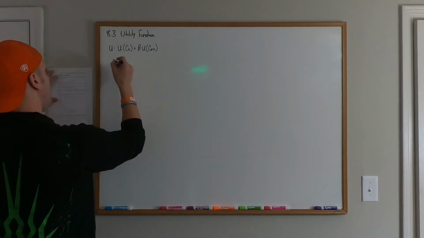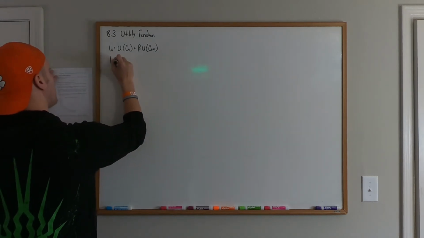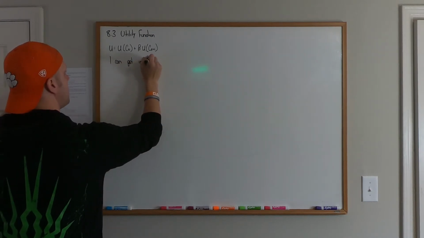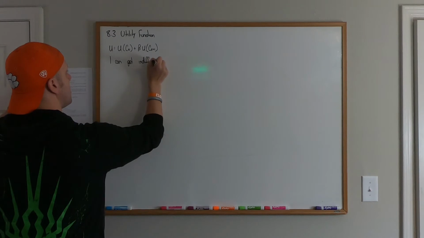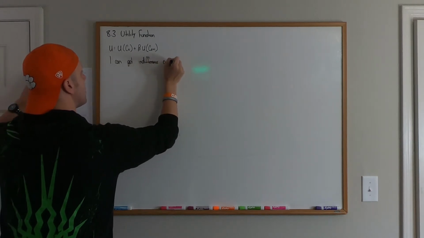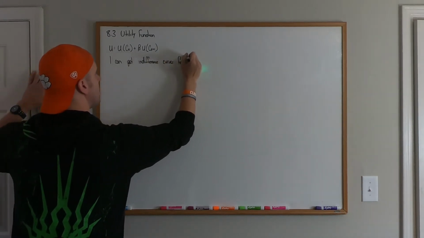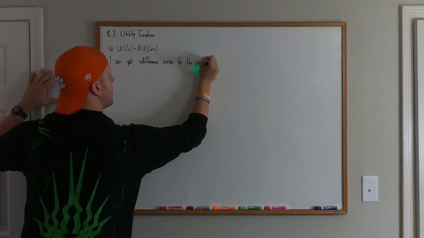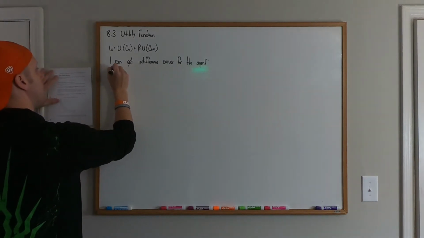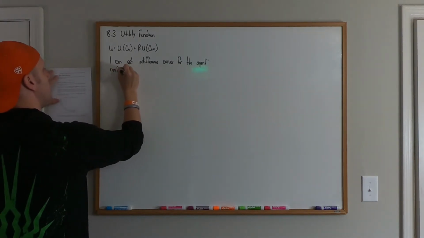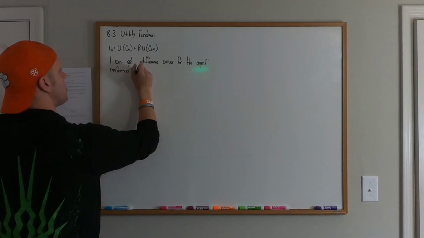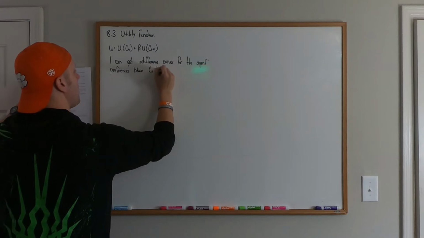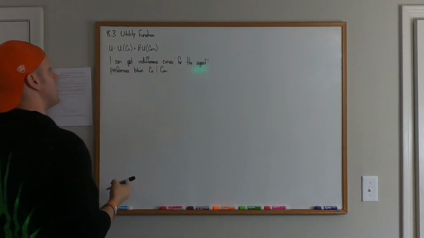What does that give me? Well, it tells me I can get indifference curves for the agent's preferences between current and future consumption.